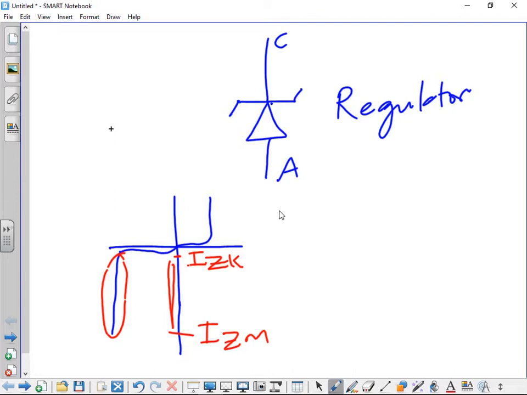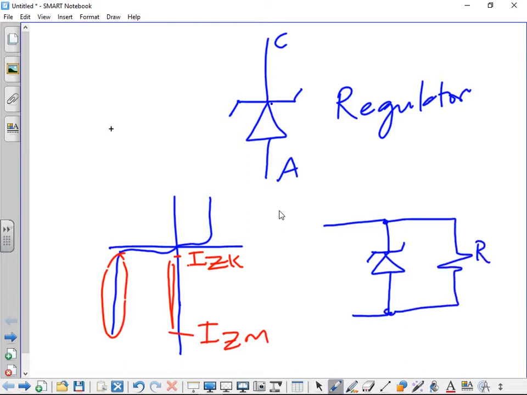So when you have your circuit, a Zener is connected and it operates in the reverse bias situation. That's your Zener diode in a circuit, and then parallel to it will be your load, RL. So if this is your total current, IT, at that point, some of that IT is going to go there and some of it will go here.